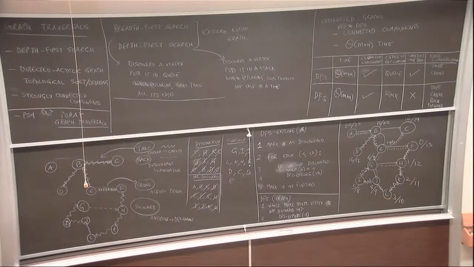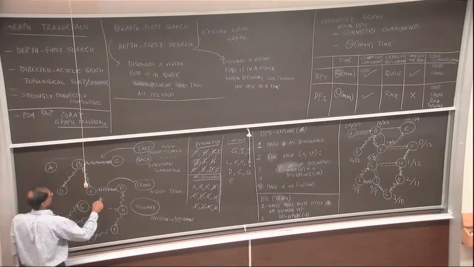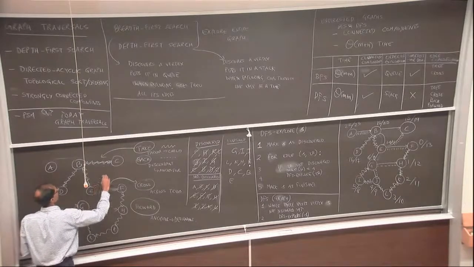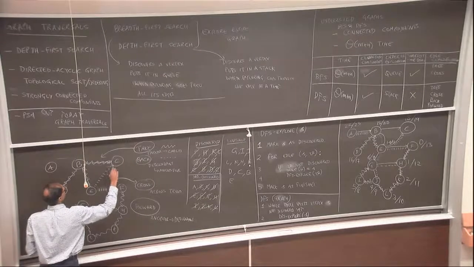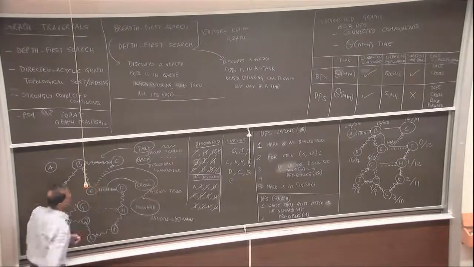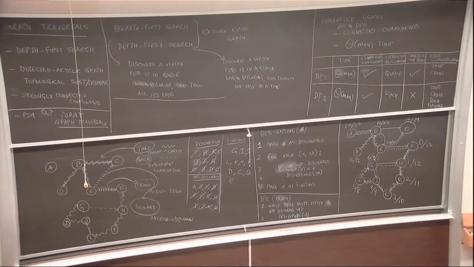If you're going from an ancestor to a descendant, it is a forward edge. So this is the cross edge.